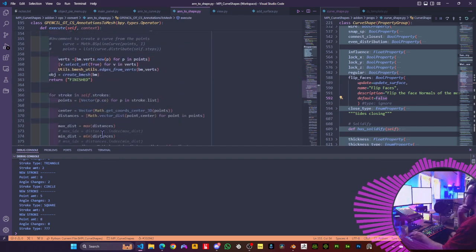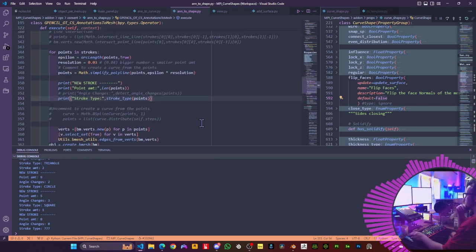I already have a bunch of shapes that I create according to what I got. I just have to filter out what I got. This is in stroke type. I should have point amount on the function itself. I don't need this here.